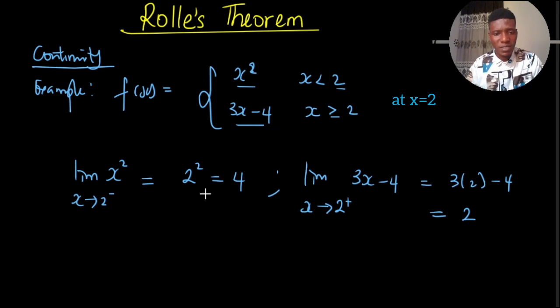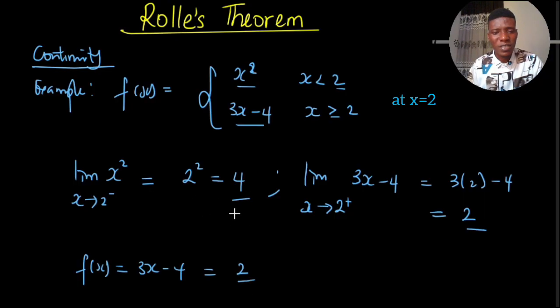Since these two limits are not equal, it is not continuous. Knowing fully well that if you check the original value for the original formula, that is f of x for 3x minus 4, you will get 2. So for it to be continuous, everything must be 2. That is, this must give us 2, this must give us 2, and this must give us 2. Since these two are not the same, then the function is not continuous.